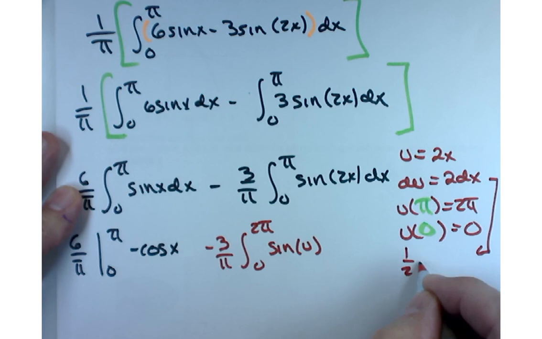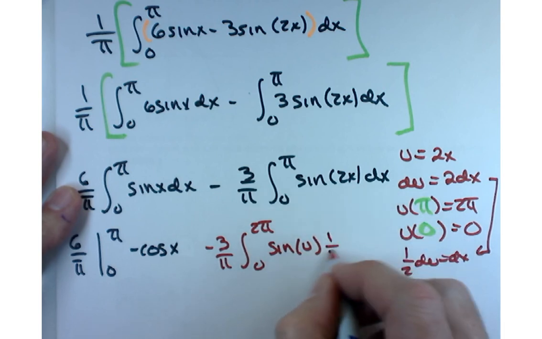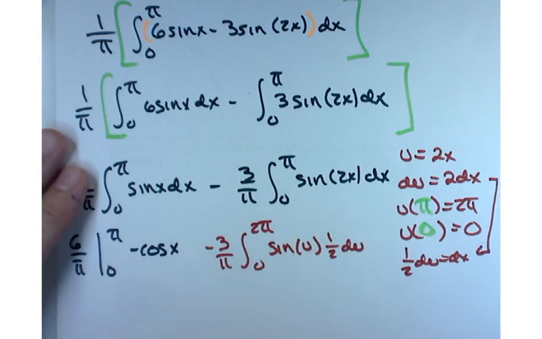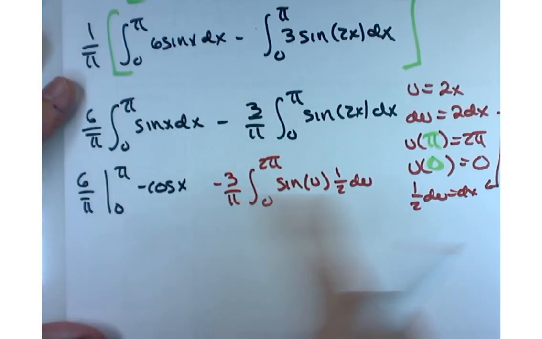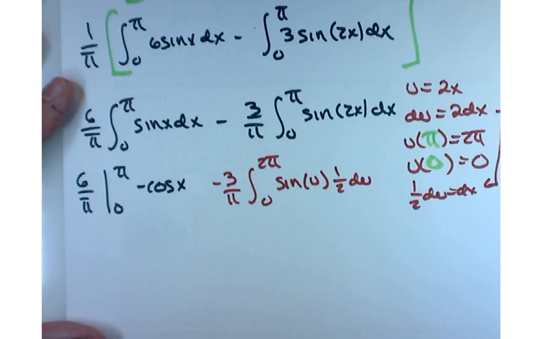Yeah, 1/2 du equals dx. So those are interchangeable now. So I'll do 1/2 du. That 1/2 can come out in front. Yeah, I know. It feels like so much work to do that little bit.